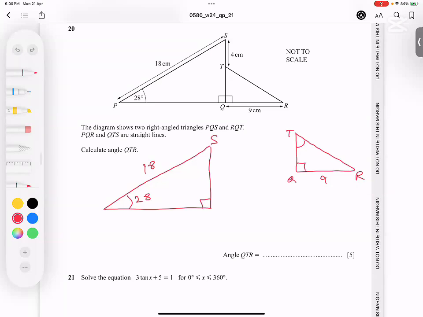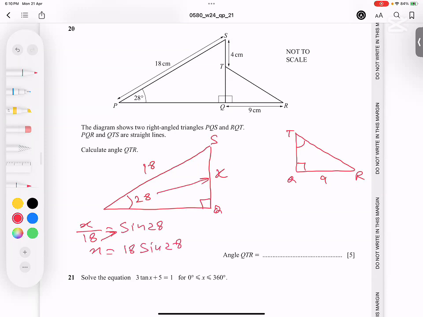So let's try this one. This side I give the name X. In front of this is opposite, so opposite by hypotenuse. So I'm writing X over 18 is equal to sine 28. So 18 multiplies there, X is equal to 18 sine 28.